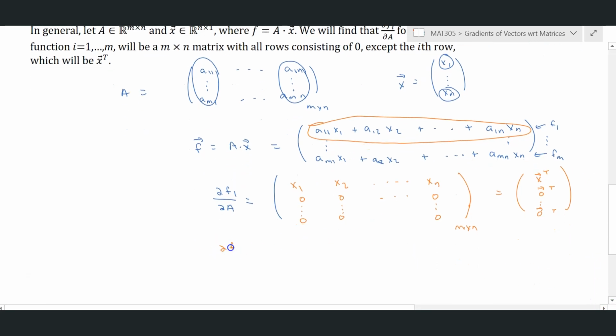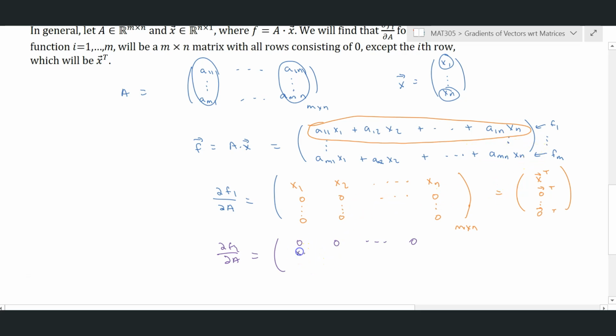And for df2 with respect to A, the first row will all be zeros, because notice that the second row, which will be a21 x1 plus a22 x2 and so on, doesn't have a11 through a1n in it. The only elements that it has are a21, a22, all the way up to a2n.